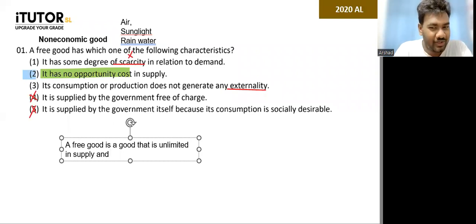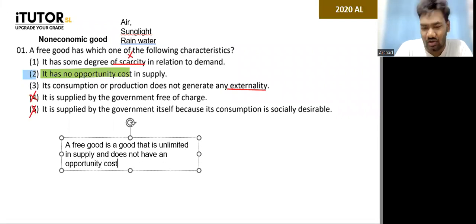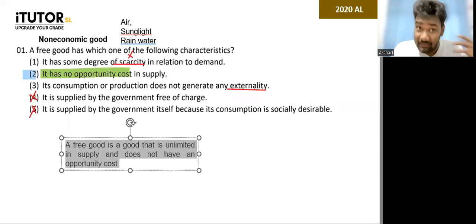And what can you say about opportunity cost? It does not have an opportunity cost. In other words, zero opportunity cost. So this is a good basic definition for a free good: a good that is unlimited in supply and does not have opportunity cost.